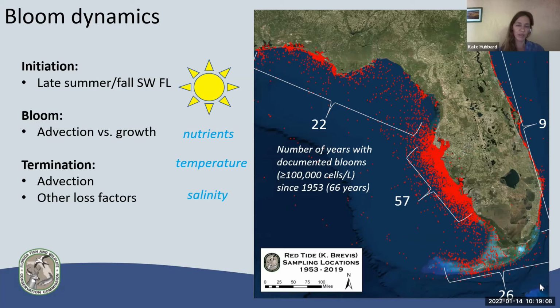That said, we generally don't see Karenia much above 30 degrees Celsius, and we also don't see Karenia very frequently below 22 PSU. So there are some limits. It's not infallible, but it's definitely very versatile. Next.